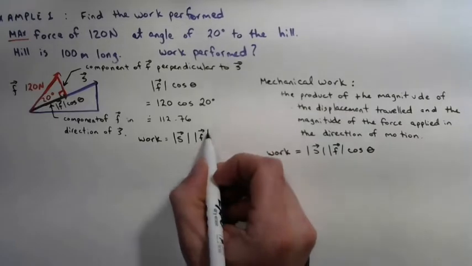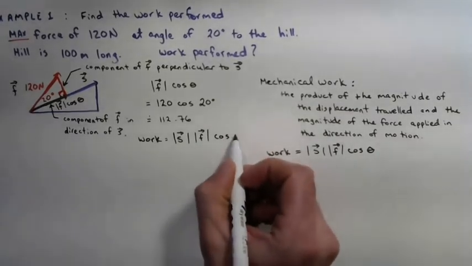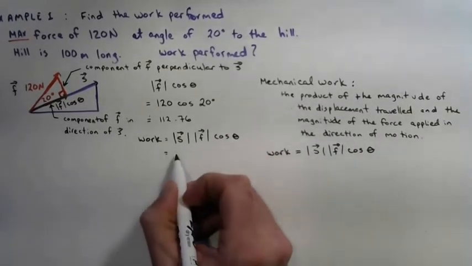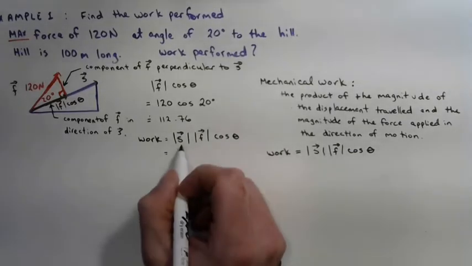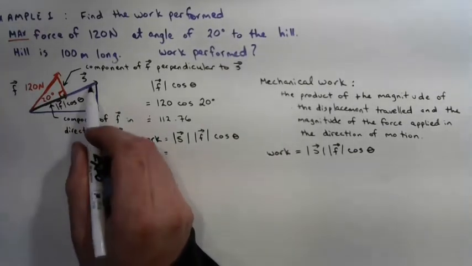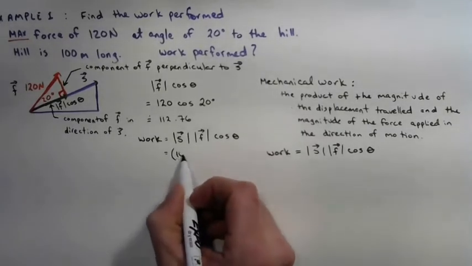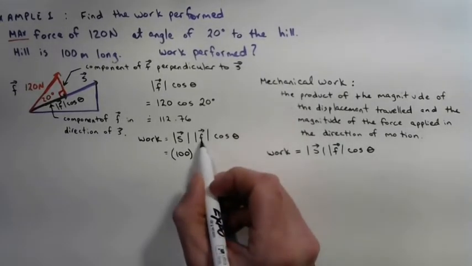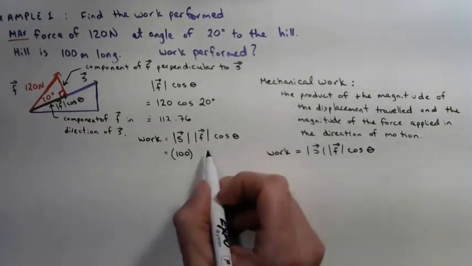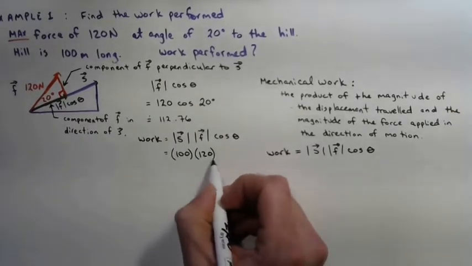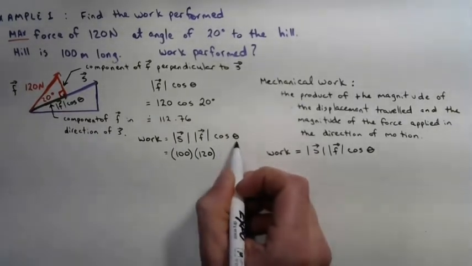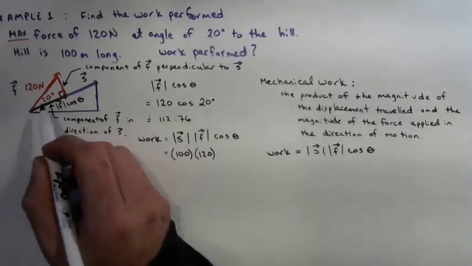Just going to write the formula again. Okay, plug in what we have. The magnitude of the displacement vector is 100 because we know that the hill is 100 meters long. The force being applied is 120 newtons. And the direction with respect to the direction of motion is 20 degrees.